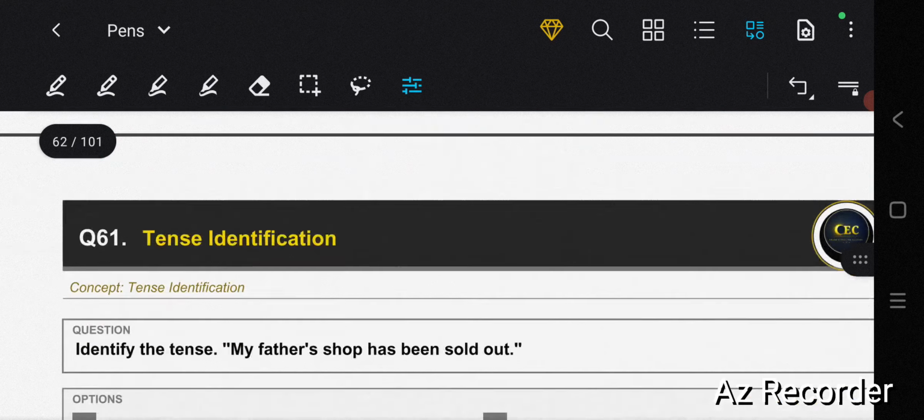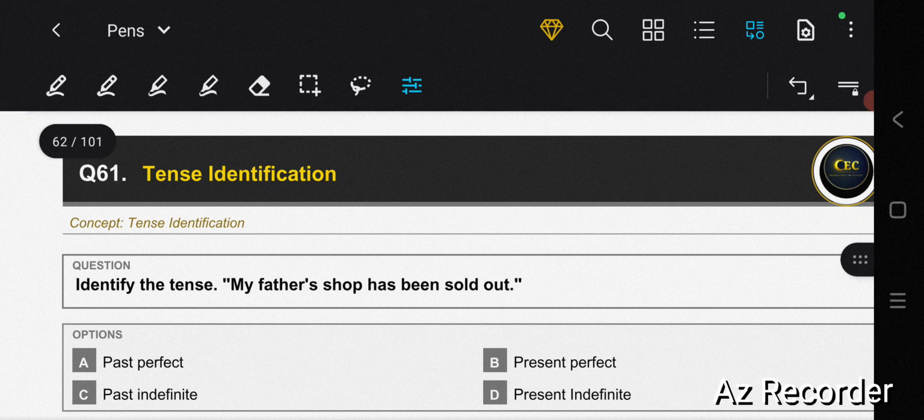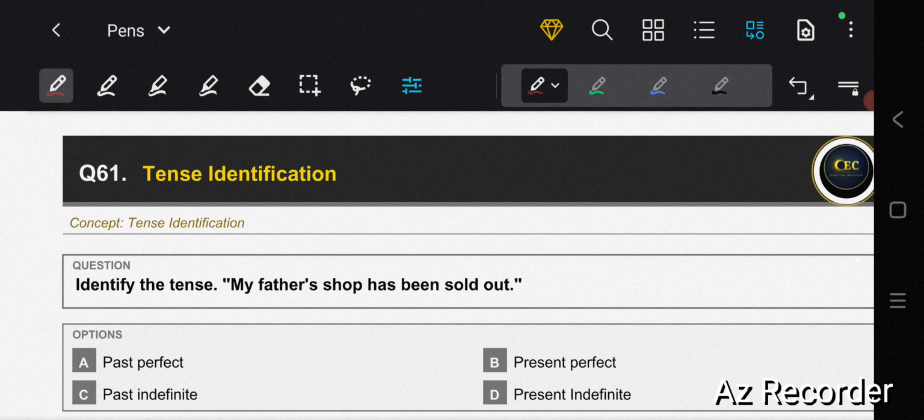Now the question number 61. Tense identification. My father's shop has been sold out. So we'll go and check the formation of the verb "has been sold". It means there is V3, and after "has" there is "been". So it is not the perfect continuous, because there is no continuous form of the main verb.